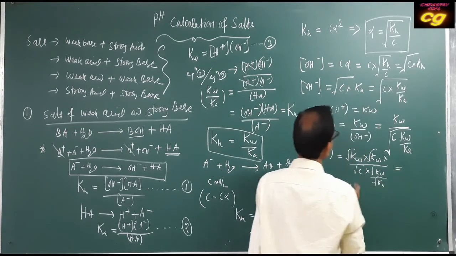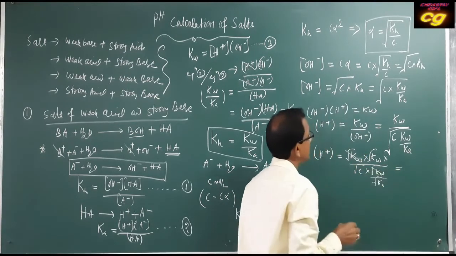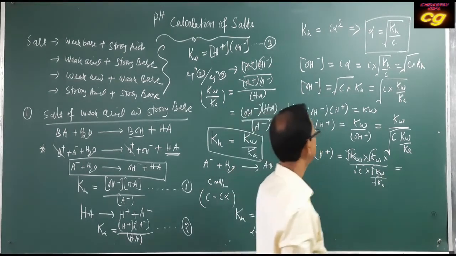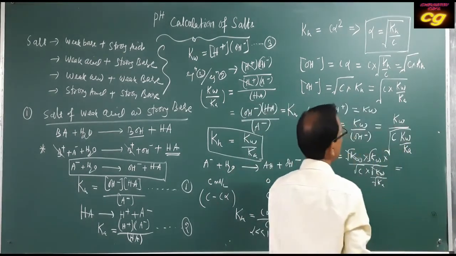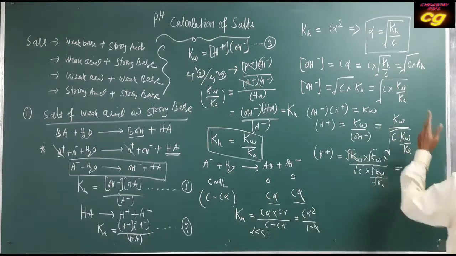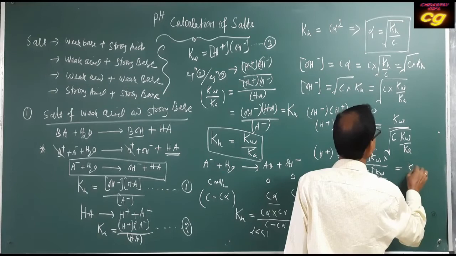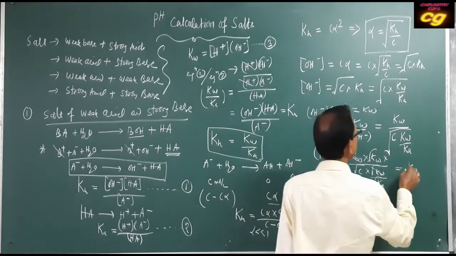Here one value is cancelled. And what is left? Now, if you see this, Ka will be in the numerator. Then what is left is your Kw square root.